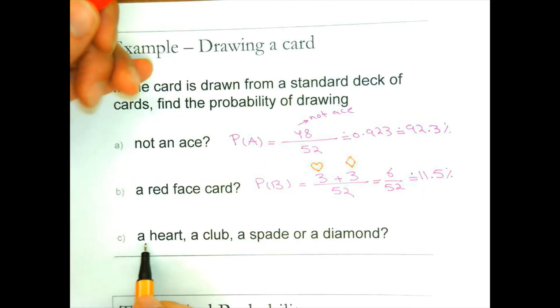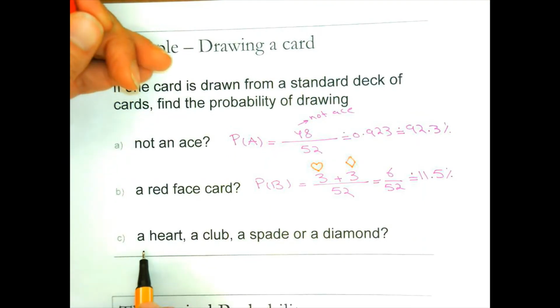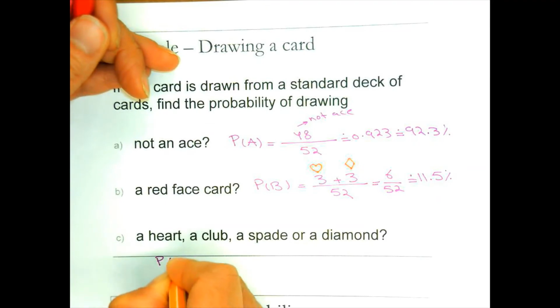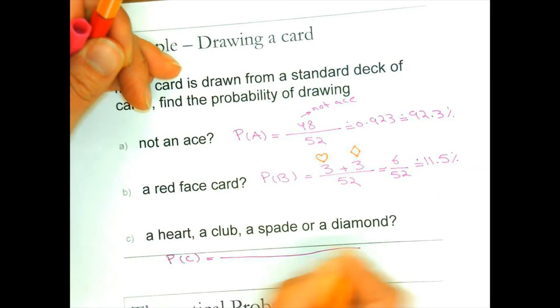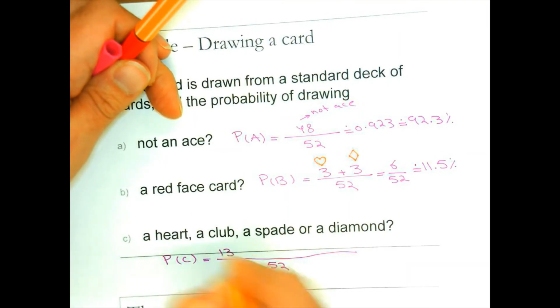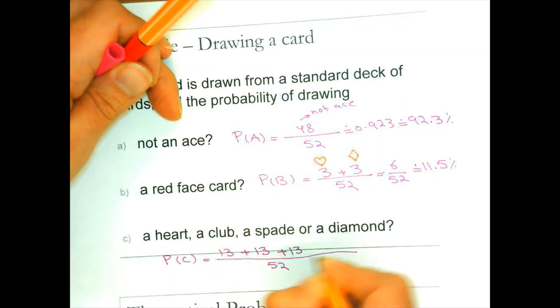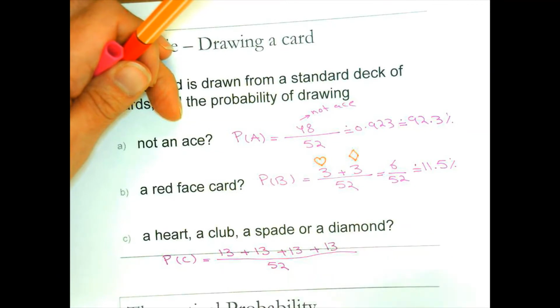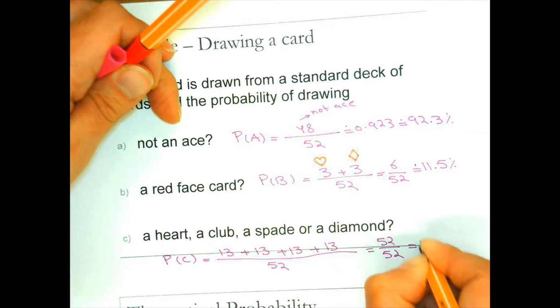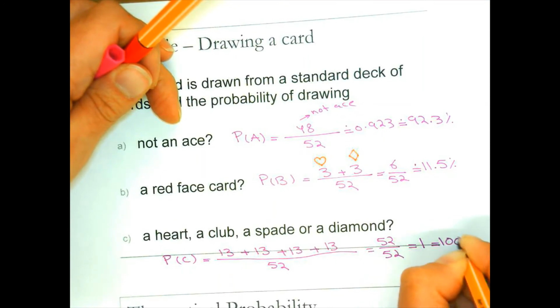Now, what is the probability of drawing a heart, a club, a spade, or a diamond? Probability of C is, we have 52 cards in total, 13 of them are heart, or a club, 13 of them, or spade, or diamond, which is 52 over 52, which is 1, which is the same as 100%.